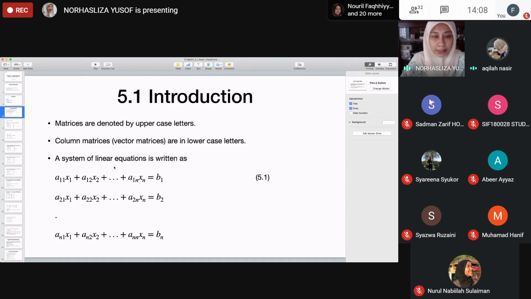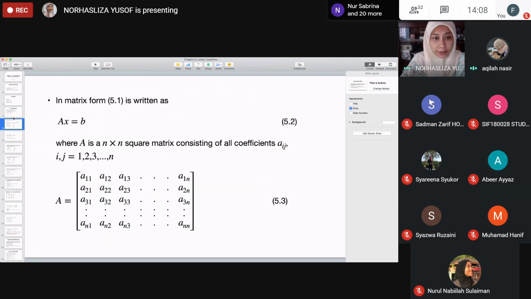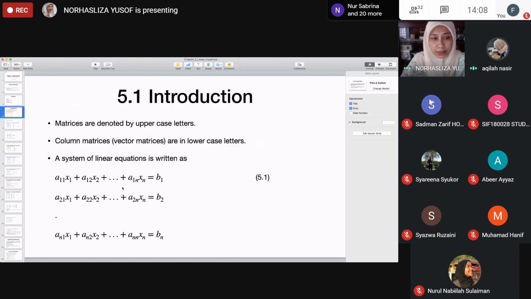So the idea is when you have a set of linear equations, you should be able to transform it into matrices, okay? So for example, you have this equation, right? You have this form, and then it is being assigned some coefficients or numbers, which we assign as A, like a coordinate, right?